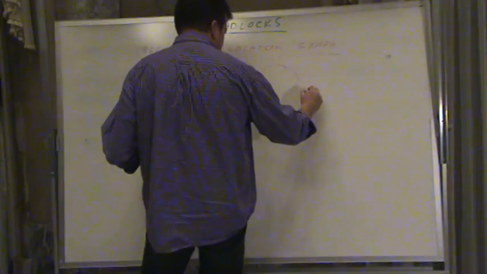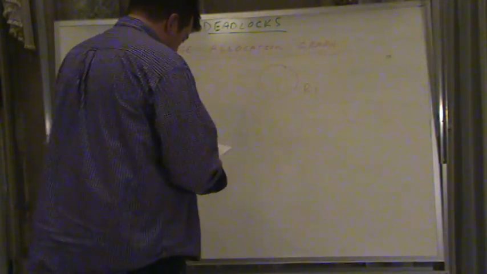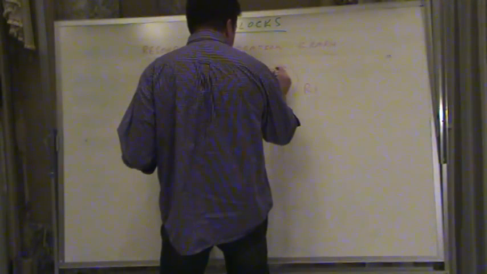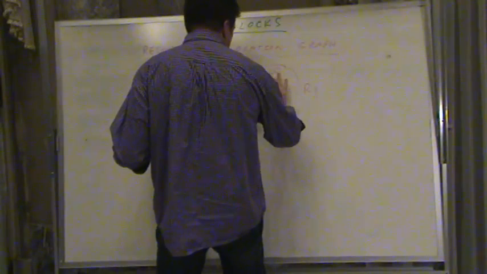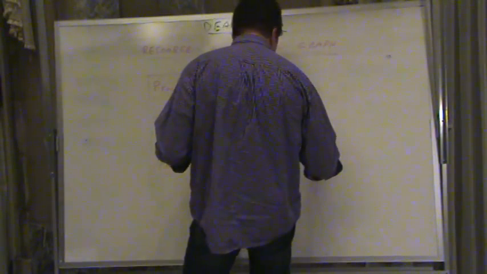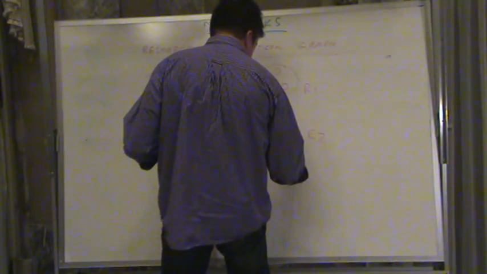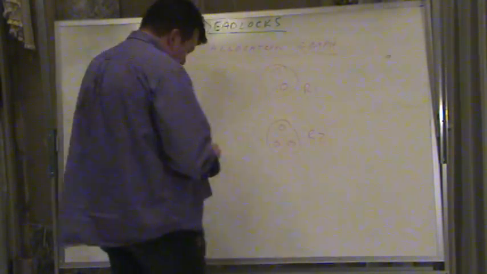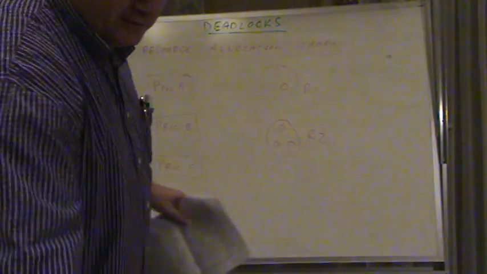We have resource 1, and let's say there's 2 of them. It doesn't have to be just 1. Many resources, there's only 1 of them that exists on the whole system. And resource 2, let's say there's 3 of them.